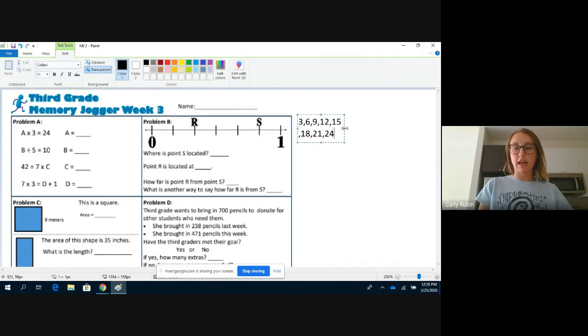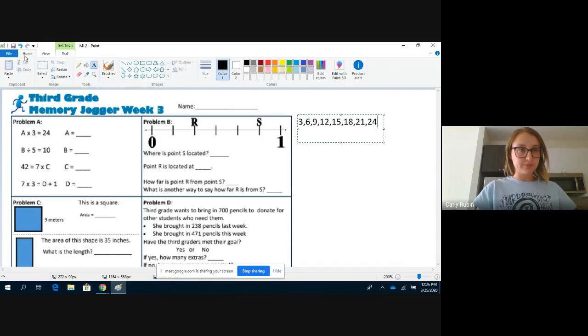So now I just have to count how many times I skip counted. 1, 2, 3, 4, 5, 6, 7, 8. So that means A equals 8. So I'm going to put 8 here as the answer for this one.